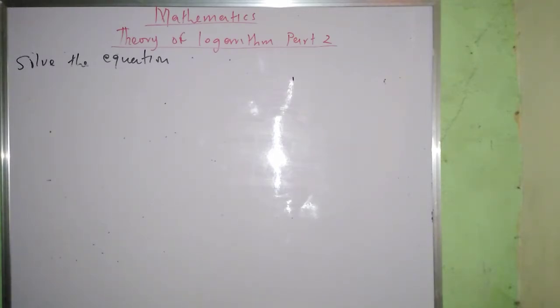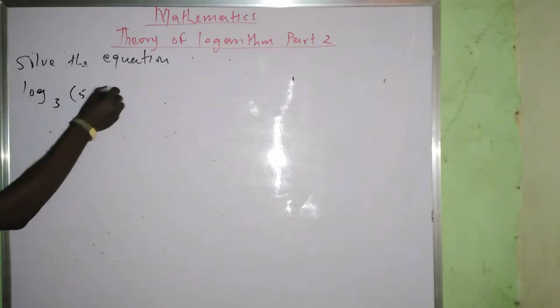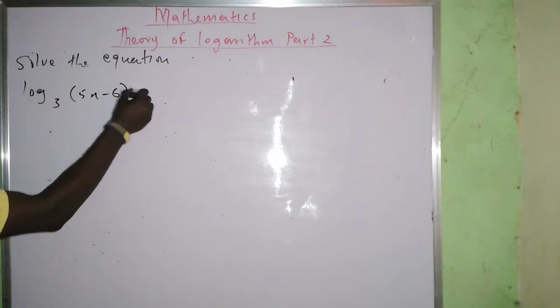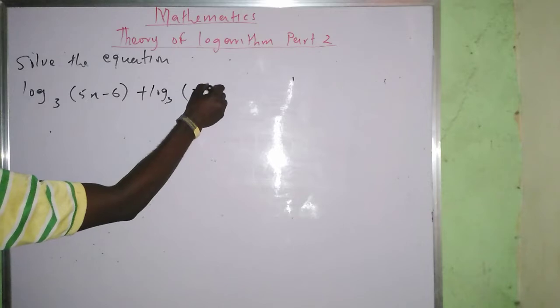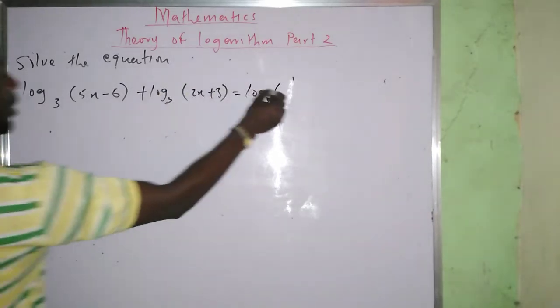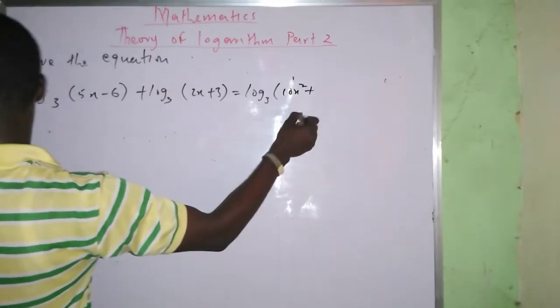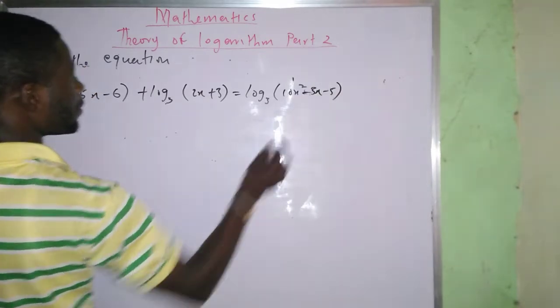I have log base 3 of (5x minus 6) plus log base 3 of (2x plus 3) equals log base 3 of (10x squared minus 3x minus 5).